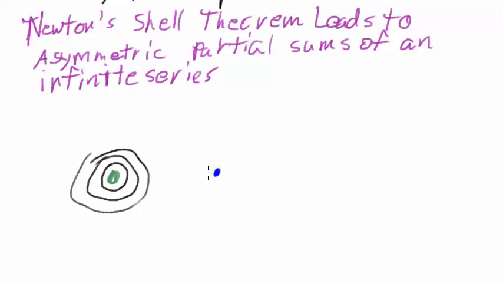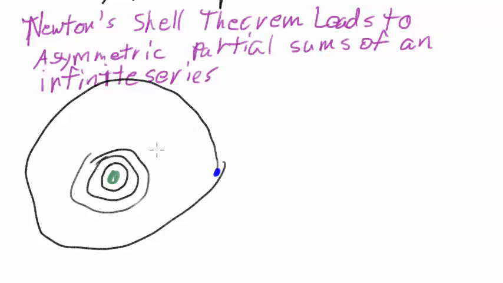And I'll keep drawing shells out until I get out to there. And basically, Newton says all of these shells contribute a force to the left. Now, after that, you can do integrals to show that all those contribute to the left.